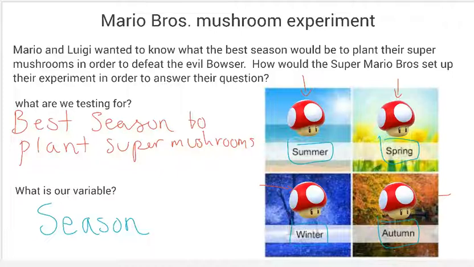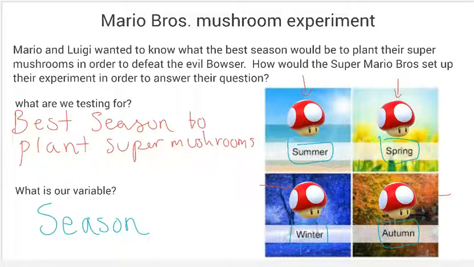A lot of times what we're testing for and that variable will end up being the same. We wouldn't want to change the mushroom. If we were doing the mushroom in summer and spring, and then we changed to the fire flower in winter and autumn, that wouldn't help us figure out what the best season to plant the super mushrooms in, because in two of the seasons we're doing mushrooms and in two we're doing fire flowers, so we're changing two things.